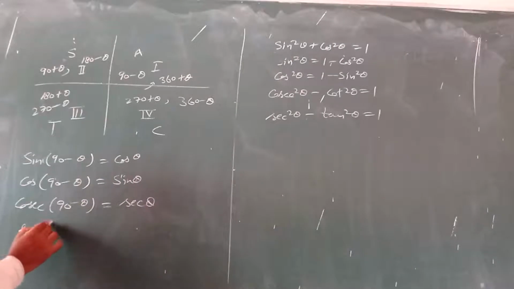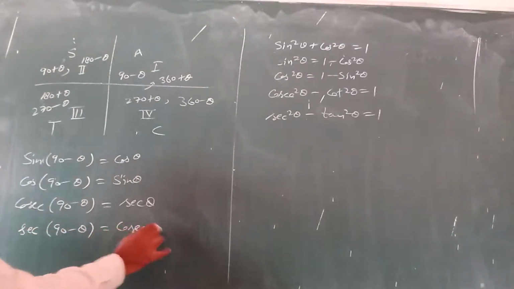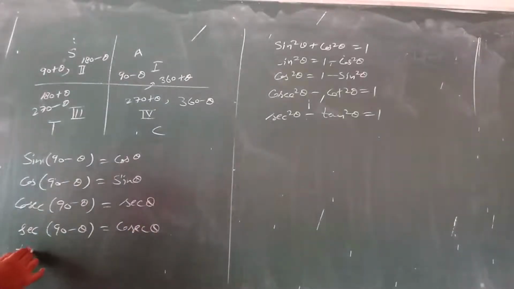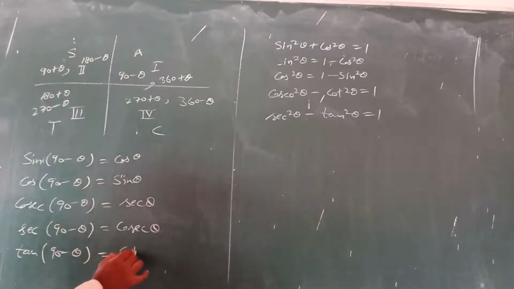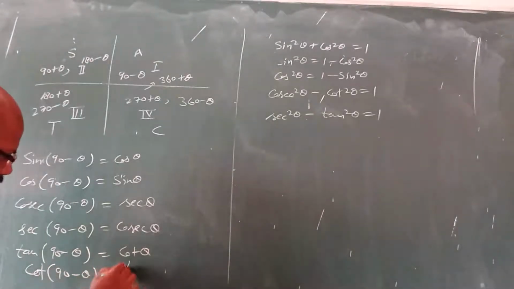Sec 90 minus theta changes to cosec theta, tan 90 minus theta changes to cot theta, and cot 90 minus theta changes to tan theta.